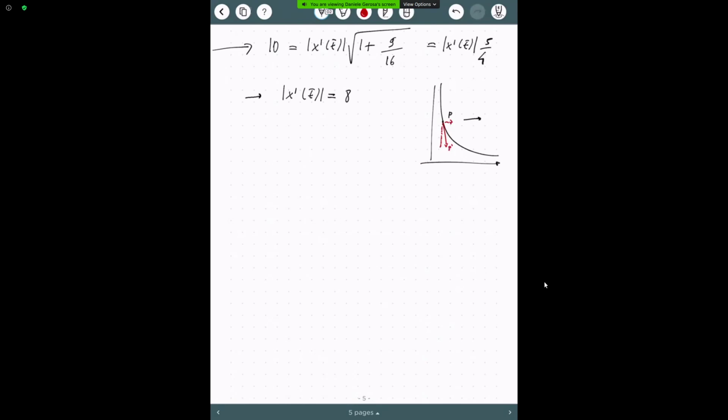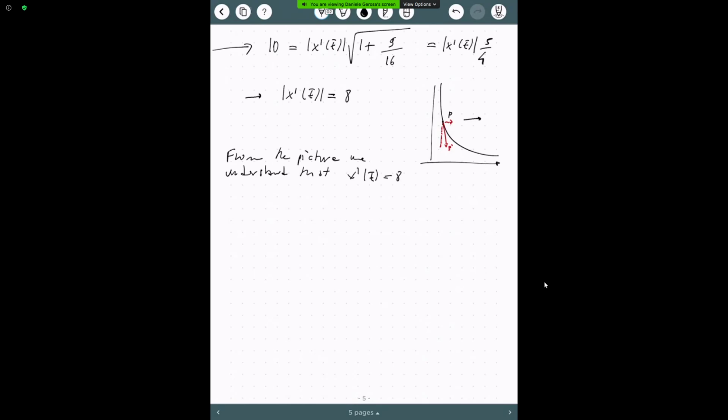So we have a positive component, which means that from this picture we understand that x prime of t bar is equal to 8 and not minus 8. Okay, well, we're done now.